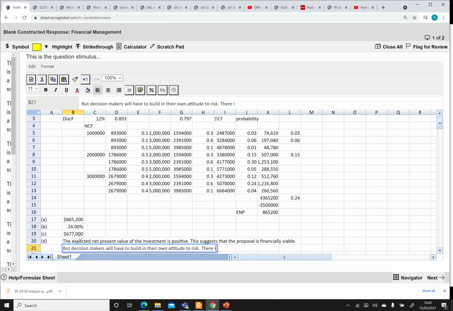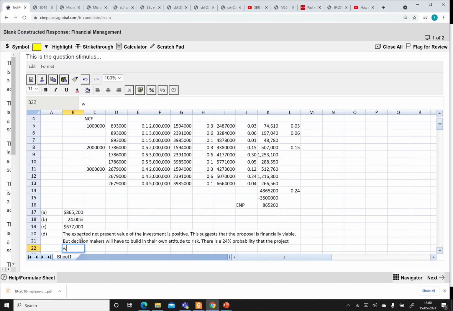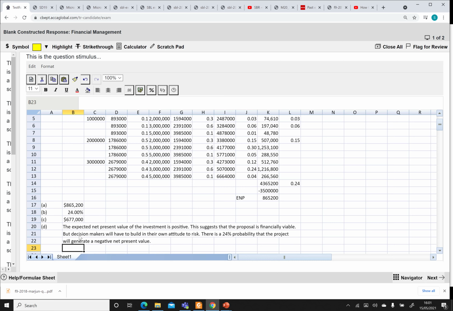There is a 24% probability that the project will generate a negative net present value. That's probably enough for 2 marks.